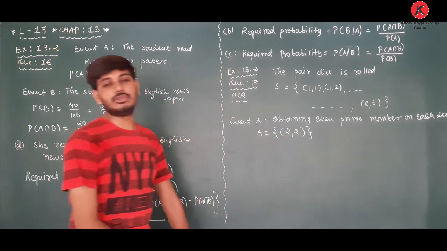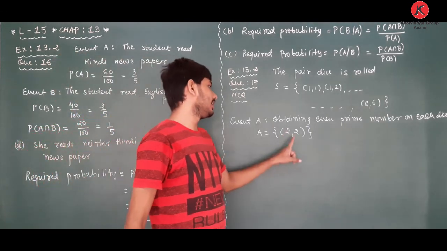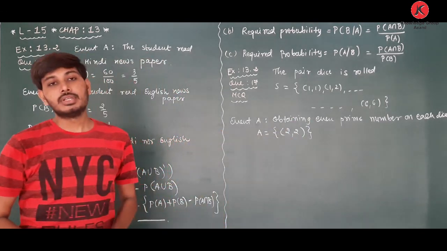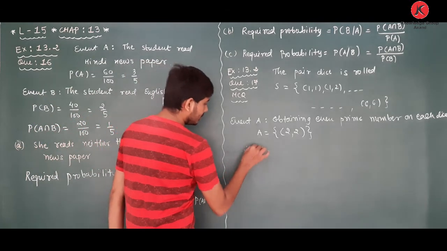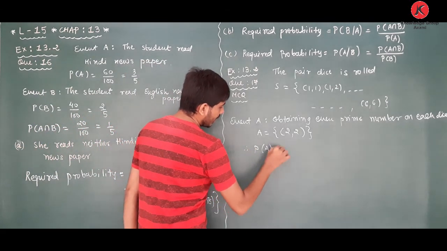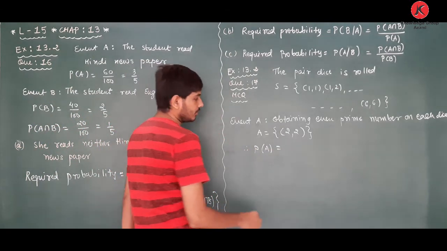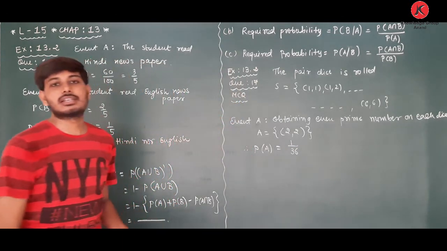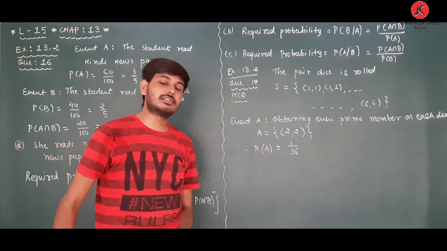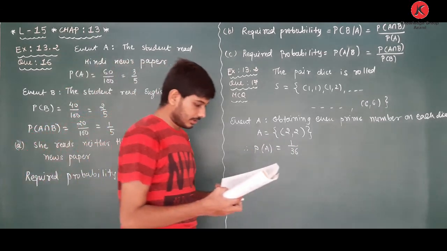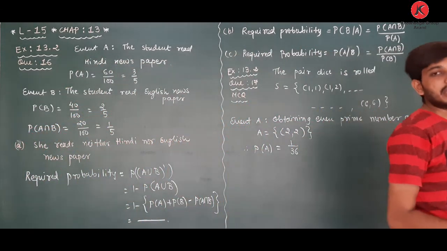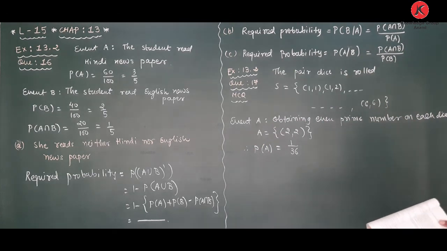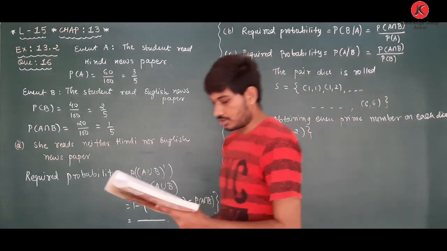The even prime number is 2 and we need 2 on both dice. Therefore the probability of the required event, probability of A, equals favorable outcomes, only one, upon total outcomes 36. Therefore your answer is option D, 1 upon 36, which is quite an easy question.